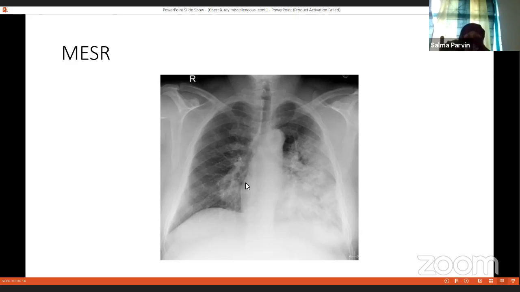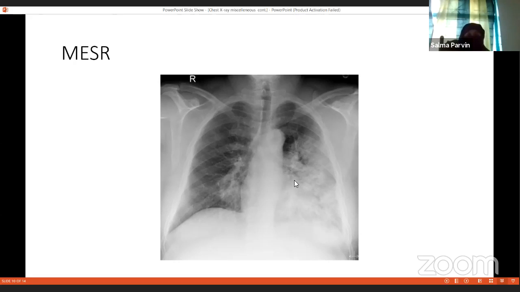This X-ray is seen to have dense opacities present in the left mid and lower zones, and also part of the upper zone, and the right paracardiac density.